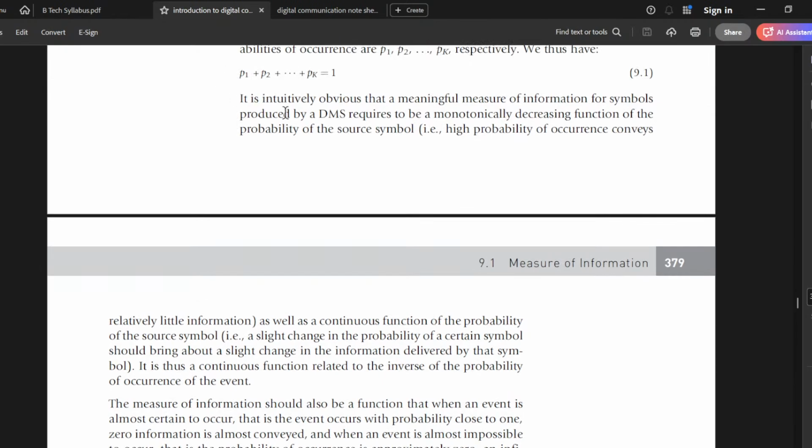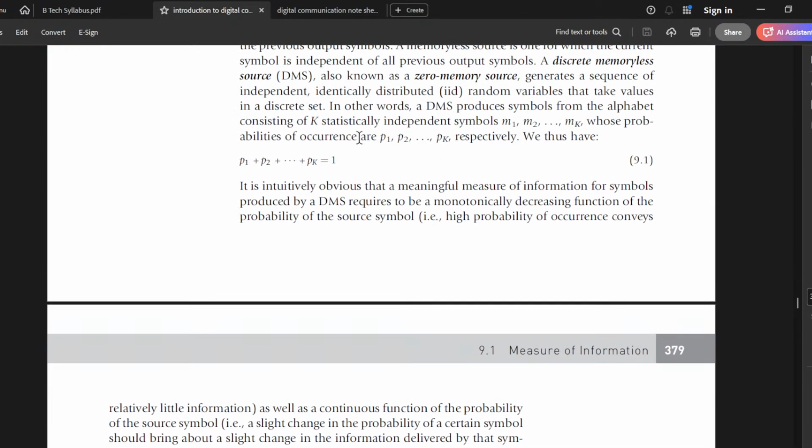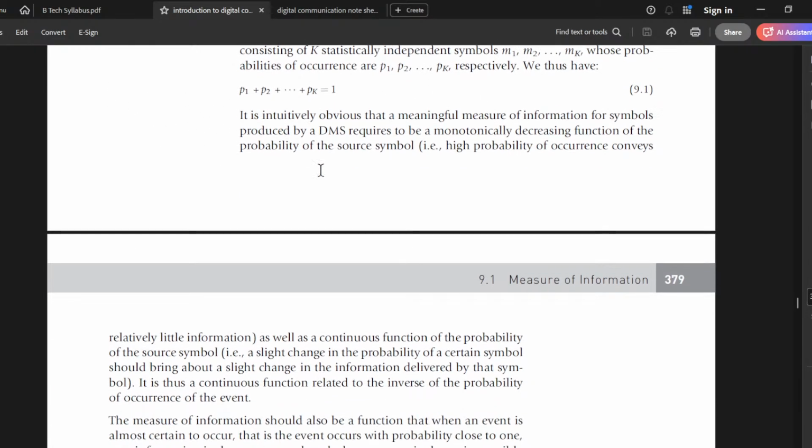Intuitively you can see the sum of all the probabilities, not the signals, the symbols, is one. In other words, a DMS produces symbols from the alphabet consisting of statistically independent symbols M1, M2, and till Mk, whose probabilities of occurrence are P1, P2 respectively, and the sum of the probabilities is 1.